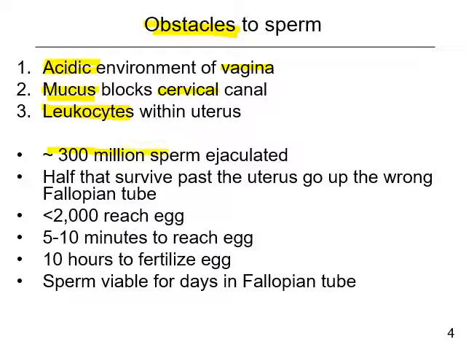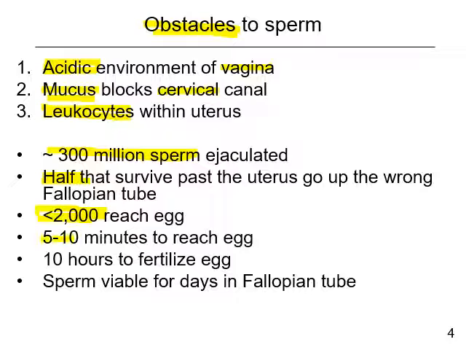So about 300 million sperm are ejaculated. Half of them, if they get past the vagina and they get past the mucus plug in the cervix, are going to go up the wrong fallopian tube. And in the end, about 2,000 viable sperm reach the oocyte in the correct fallopian tube.